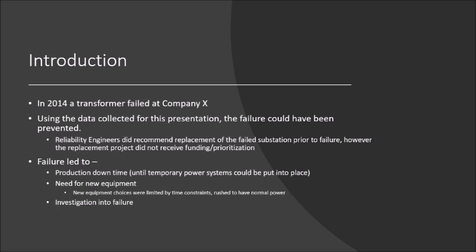In 2014, a local firm, which we will refer to as Company X, experienced a transformer blowout, which resulted in substantial production line downtime and the need to replace equipment that was damaged in the incident. This led to an investigation into the cause of the blowout, and data was collected on the polarization index of the transformer insulation.